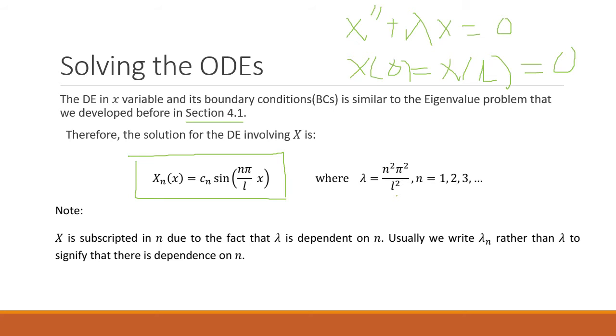Okay, kat sini X is subscript n due to the fact that lambda is dependent on n. Usually we write lambda n rather than lambda to signify that there is dependence on n. Okay, so yang ni recall balik section 4.1. Dekat situ dah ada tunjukkan solution macam mana nak dapatkan penyelesaian untuk this kind of differential equation.